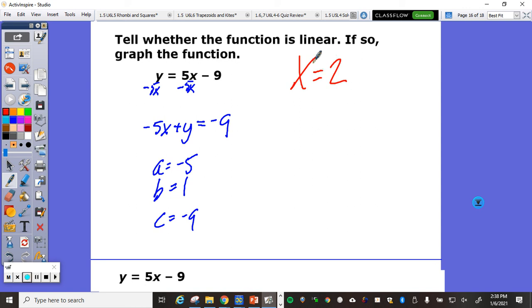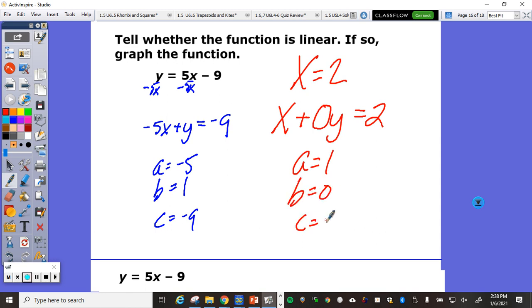Well, understand, I don't have a y here, right? So let's go ahead and say it's x plus 0y equals 2. That's standard form for this equation right here, where my a is 1, my b is 0, and my c is 2.